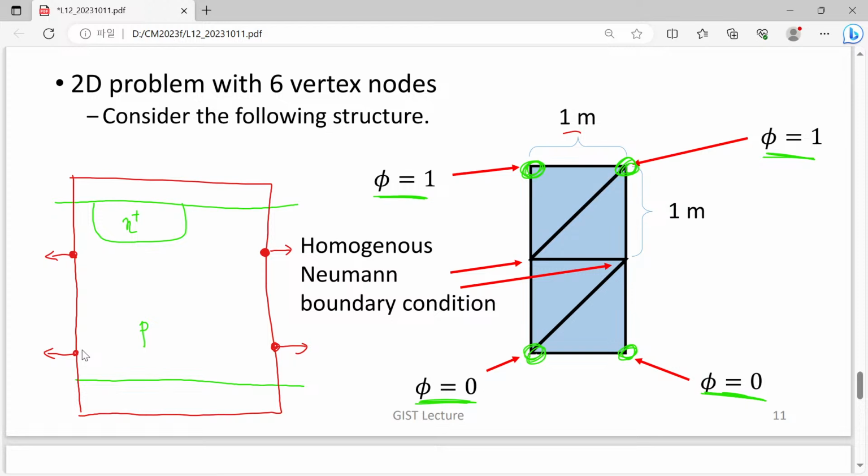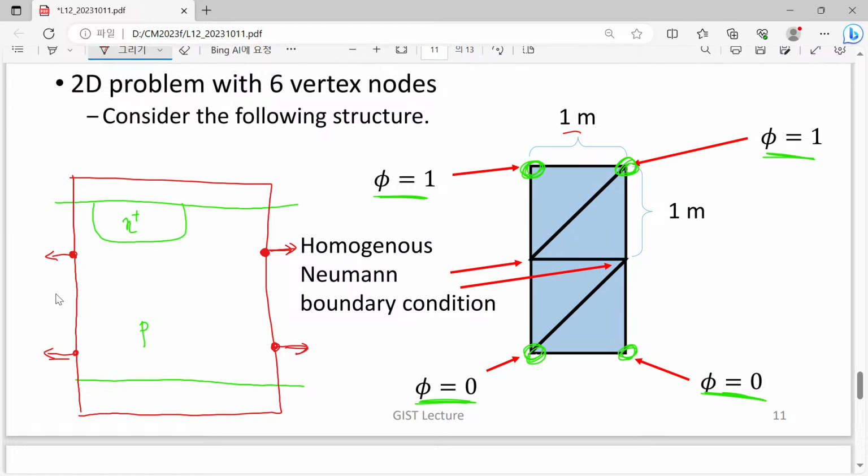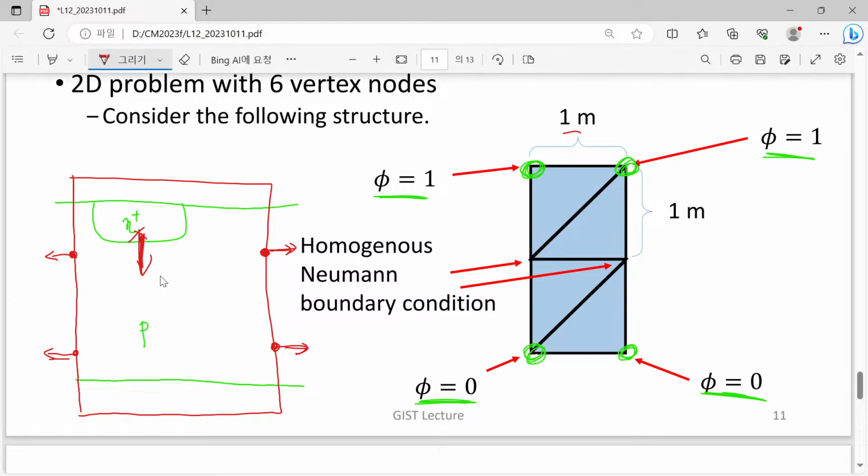So if we are far away from this PN junction, then we assume that every quantity is just homogeneous along this way and this way, because the hot place is only located here and quite far from this hot place, everything will be just homogeneous.